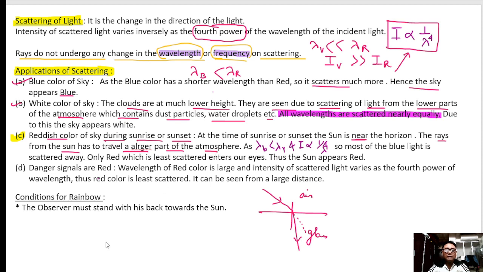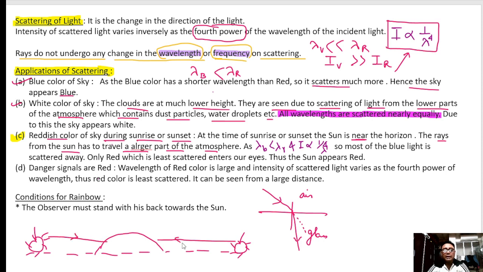So only the color with the largest wavelength can reach us, and that is red. Only red color can reach us, so it looks reddish to us. Clear?